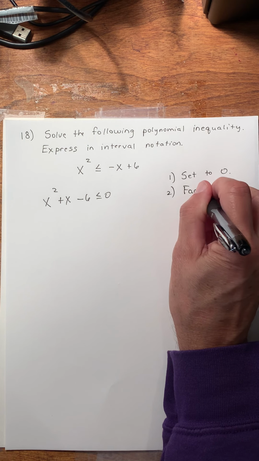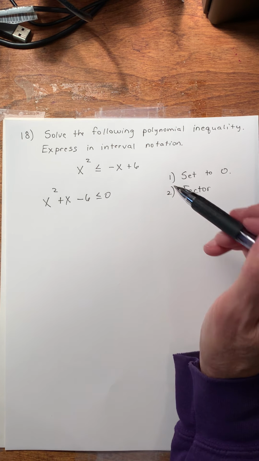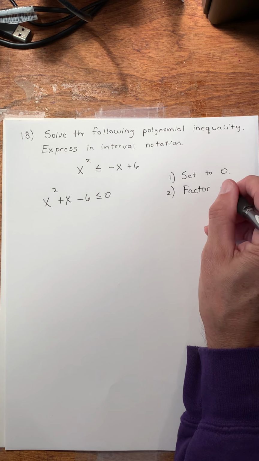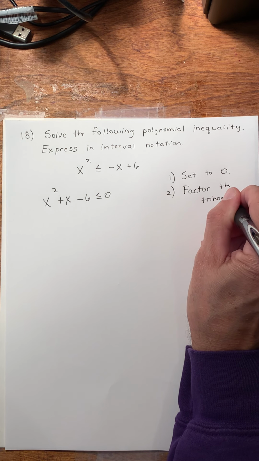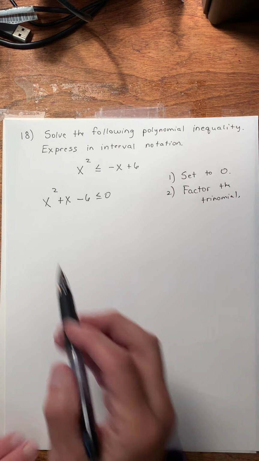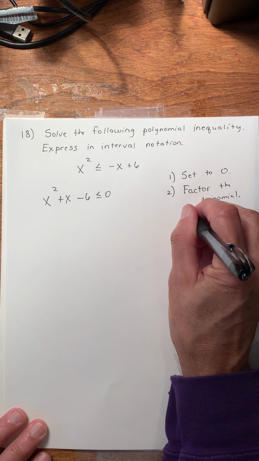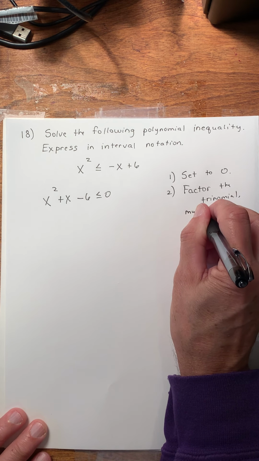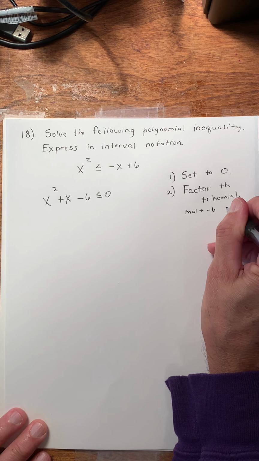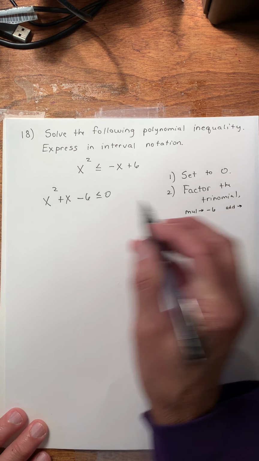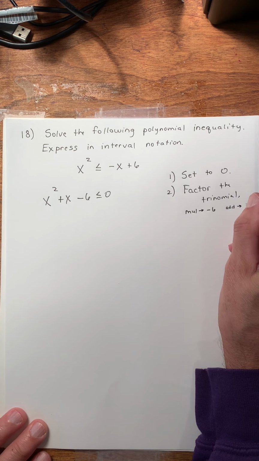Factor, and you don't have to worry about this not factoring on this type of problem. It will factor. Factor the polynomial. In this case, it is a trinomial. It's got a 1 in front of my squared term, so I'm looking for two numbers that multiply to give -6 and add to give whatever's in front of my x here. What's that? 1.